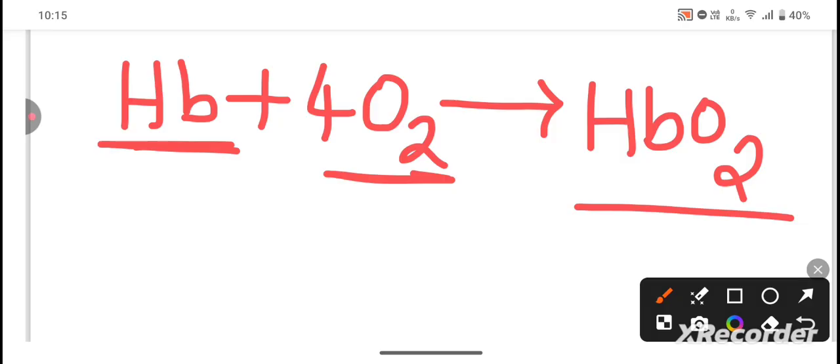Similarly, the CO2 which is generated in the cells during respiration. What are the byproducts of respiration? Carbon dioxide, water plus energy, right? So the carbon dioxide formed inside the cell will diffuse into the blood.